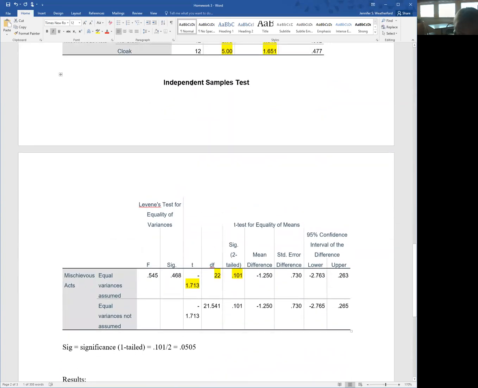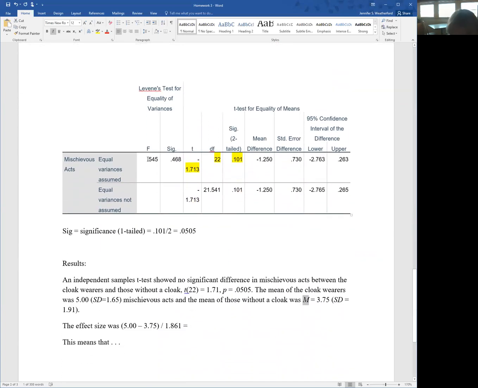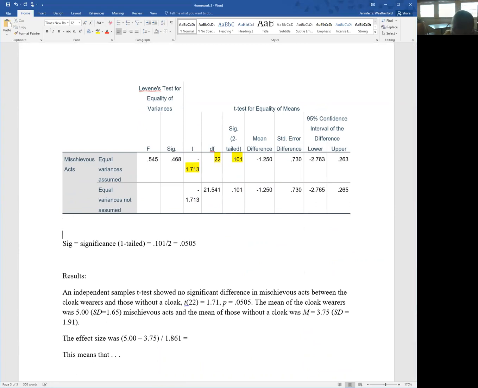That's in our next output, this independent samples test. So here is the F and the significance for that test. We almost never report these because they are confusing. All this tells us is we can read the top line. And so I could very quickly say here that Levene's test of variances showed no difference.